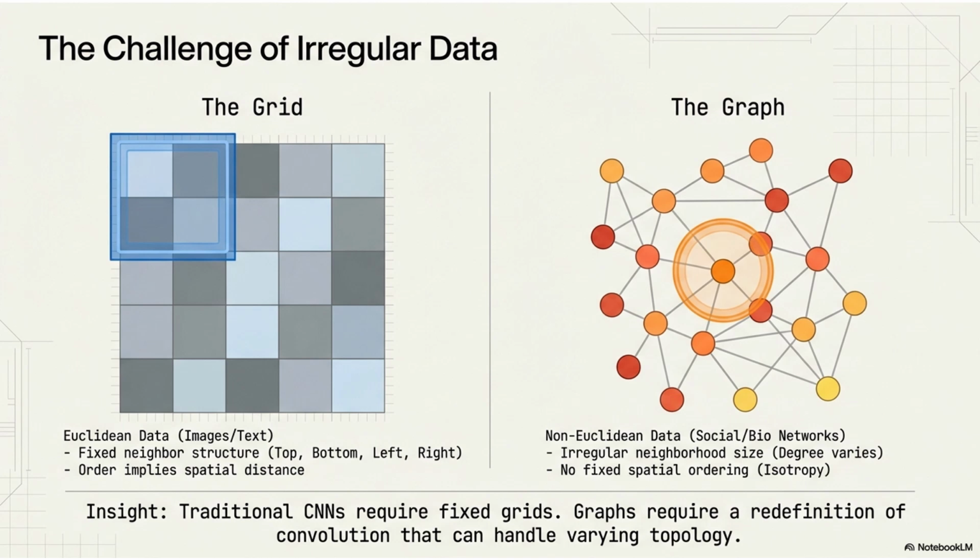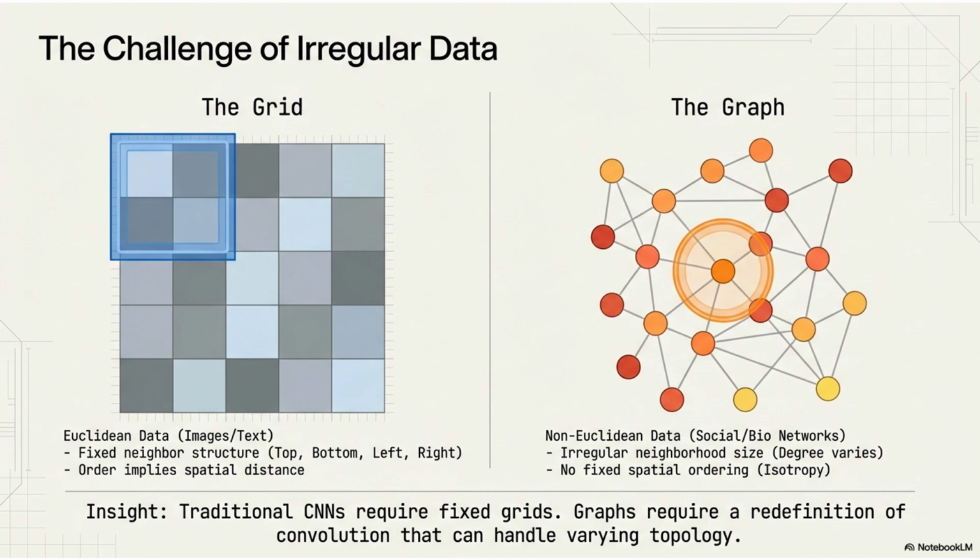However, many real-world systems are naturally represented as graphs. Some examples are social networks, citation networks, biological networks, and knowledge graphs. Graphs are irregular; each node can have a different number of neighbors.